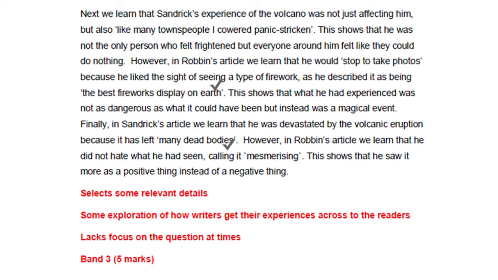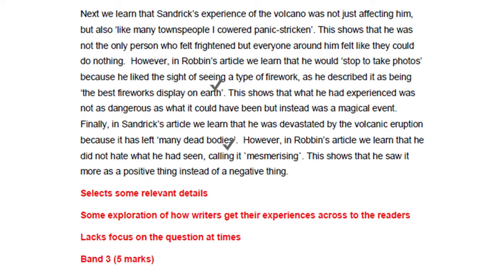"However, in Robbins' article, we learn that he would stop to take photos because he liked seeing a type of firework, as he described it as being the best firework display on Earth." Again, that's a tick because they are looking for you to spot that as a point. The fact that he describes it as a fireworks display is amazing, is a completely contrasting experience to how Sandrick describes it.